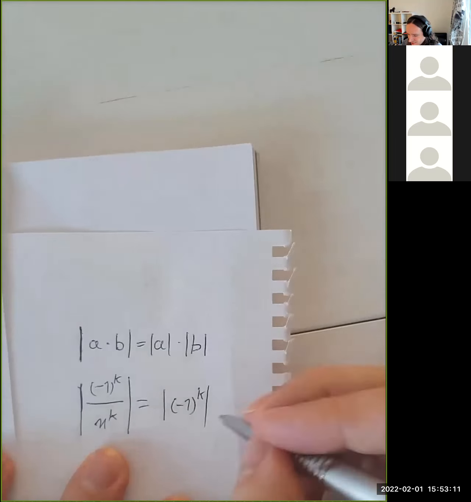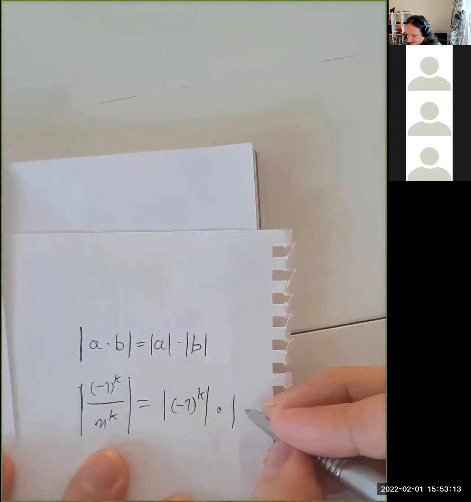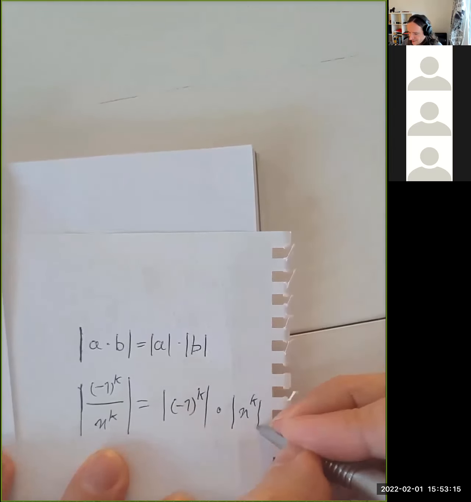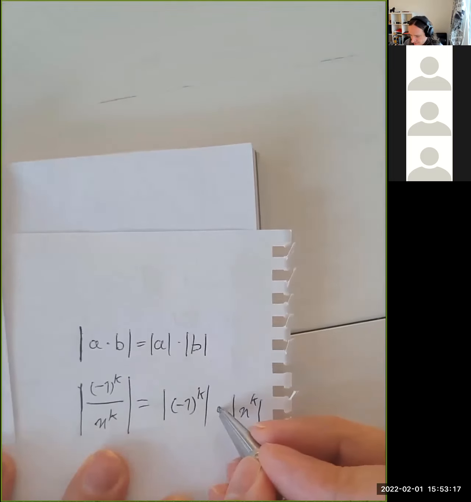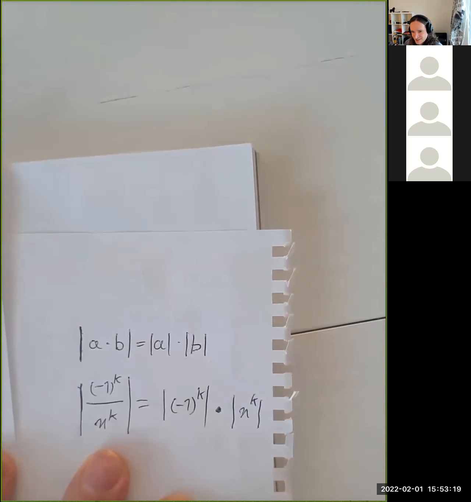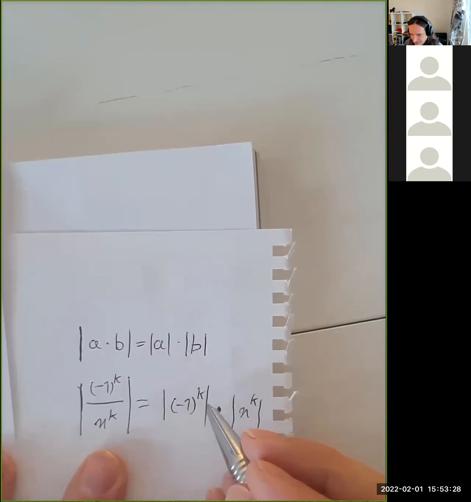To spell it out, we use multiplicativity of the absolute value. So solid dot for times. And then we can continue by just analyzing this thing. And that's something which we can formally prove by induction.